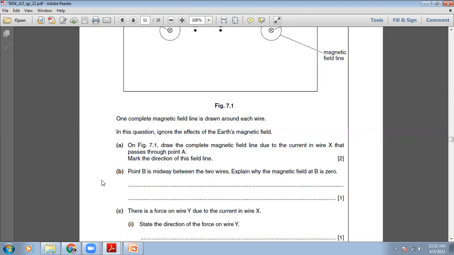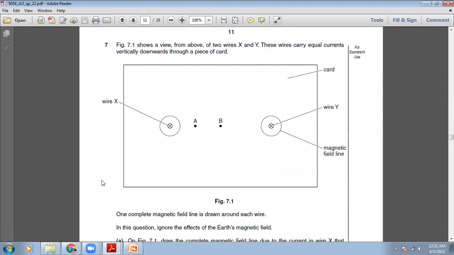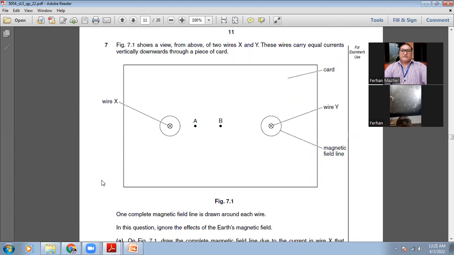Okay, so we will use the right hand grip rule for the straight conductor. And I can show you how you can do that. For that purpose, I will switch on my camera. Okay, so this is question number 7.